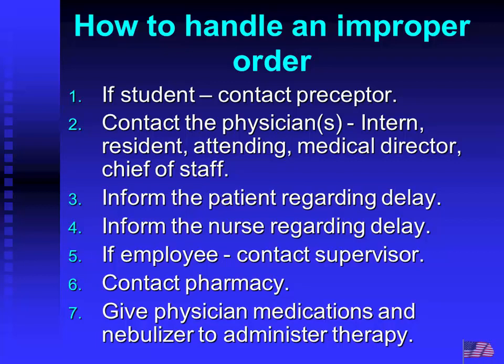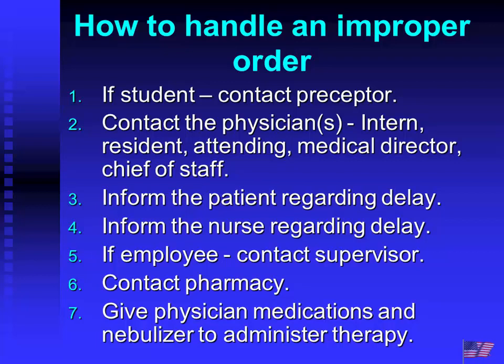Every intern has a resident or a senior resident that they report to. Ultimately, there's the attending physician, and then there's also as a component our medical director as well as the chief of staff. So there's always somebody that is higher up that we can take the problem to.